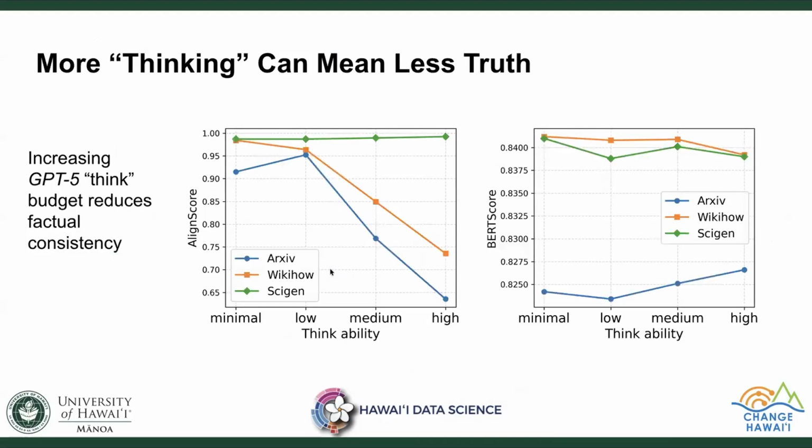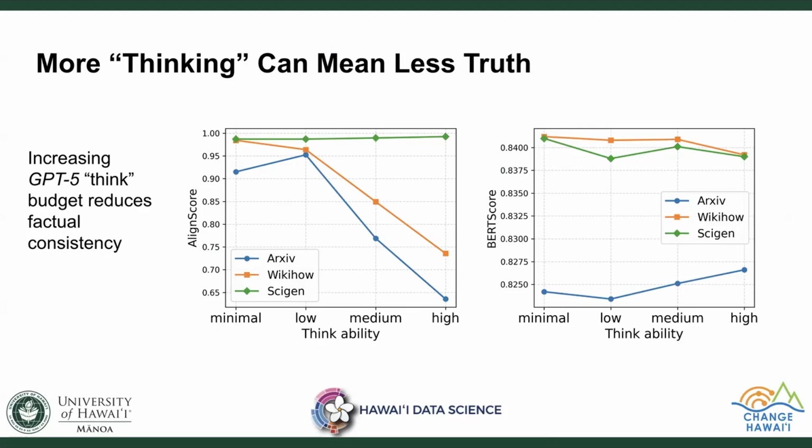Okay, so the next finding is that more thinking can mean less truth. There is a hyperparameter in GPT-5 called thinking effort. If you use minimal effort, it will generate very few intermediate tokens, those thinking tokens, before outputting the final output.